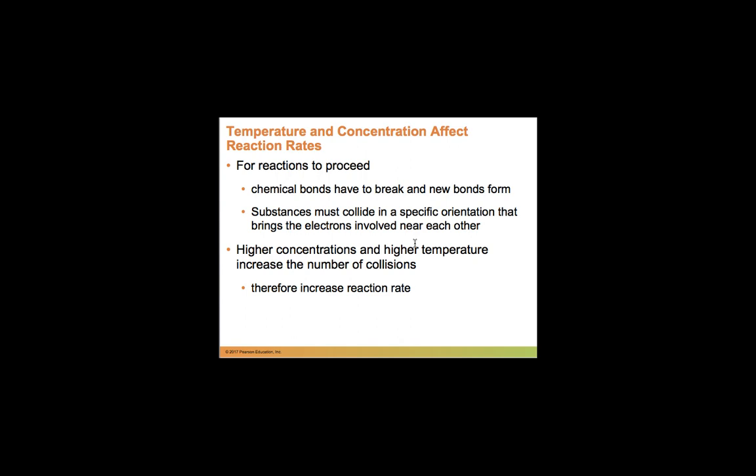That's your molecules moving very fast, very rapidly, bouncing off of one another. Why? It's an effect of temperature. Higher concentration: the more substance you have, the more likely that these molecules will interact with one another and collide in that specific orientation. So your rate of the reaction is going to be impacted by your temperature as well as concentration. Why? It's going to impact how these molecules collide with one another.